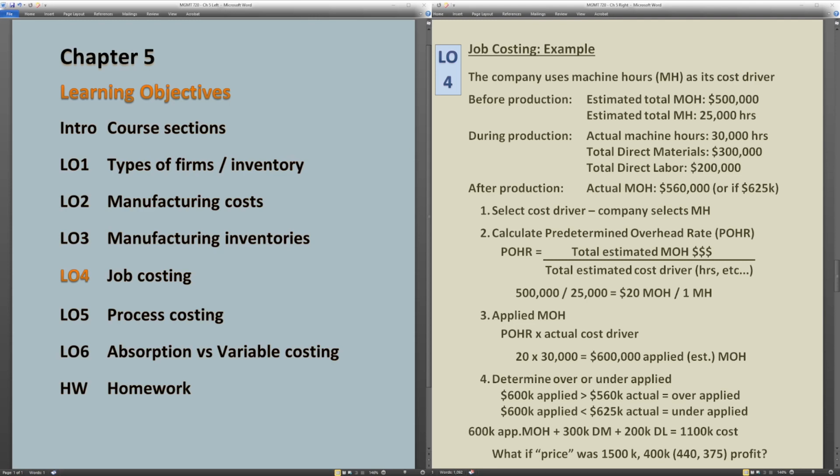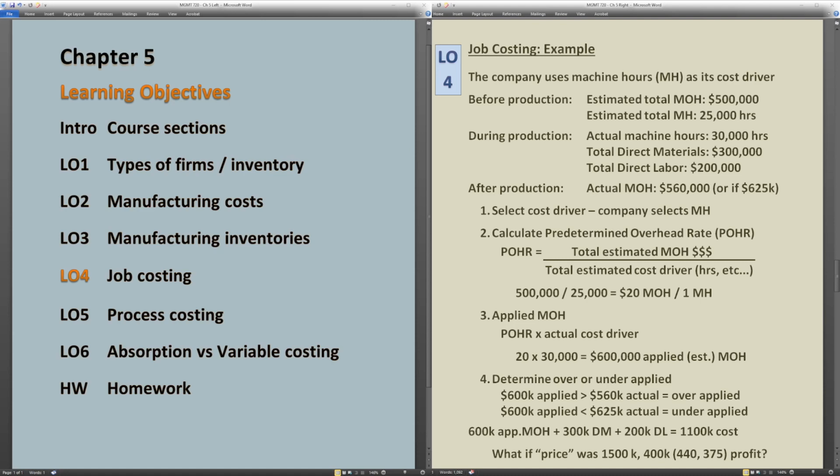Then you apply it during production to the actual machine hours, and then you compare it to the after production actual MOH. A lot of times that is confusing for people when they're first starting out with these questions, because they realize, well, if I got all this information, why do I need to do the estimate? Just realize that this is information that comes in at different points during the process.